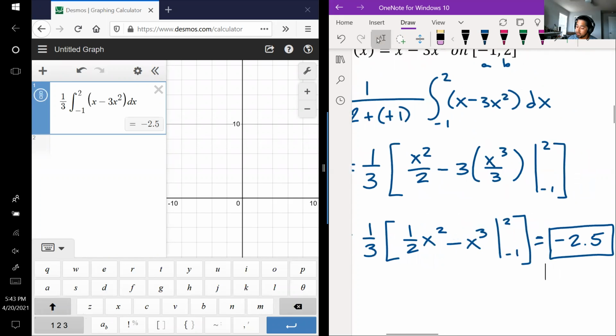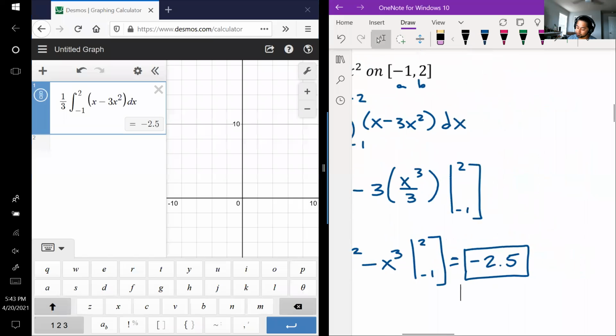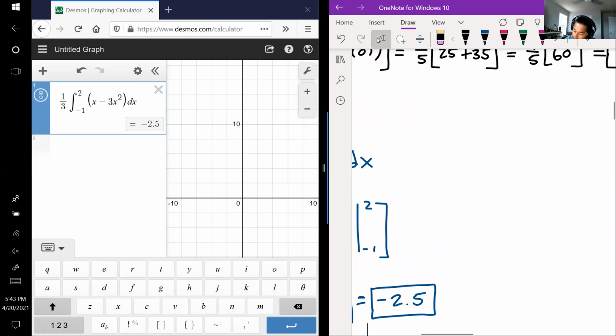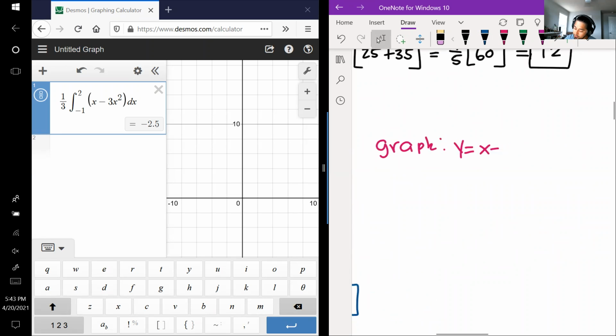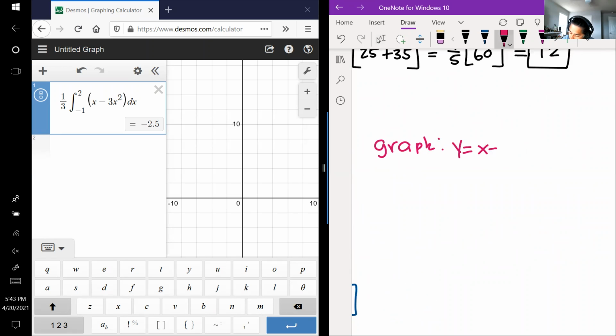Now let's go ahead and graph the function. So here is the graph, and we're graphing y equals x minus 3x squared. And it's giving us the interval from -1 to 2. So once again, it's telling us what x values to use.